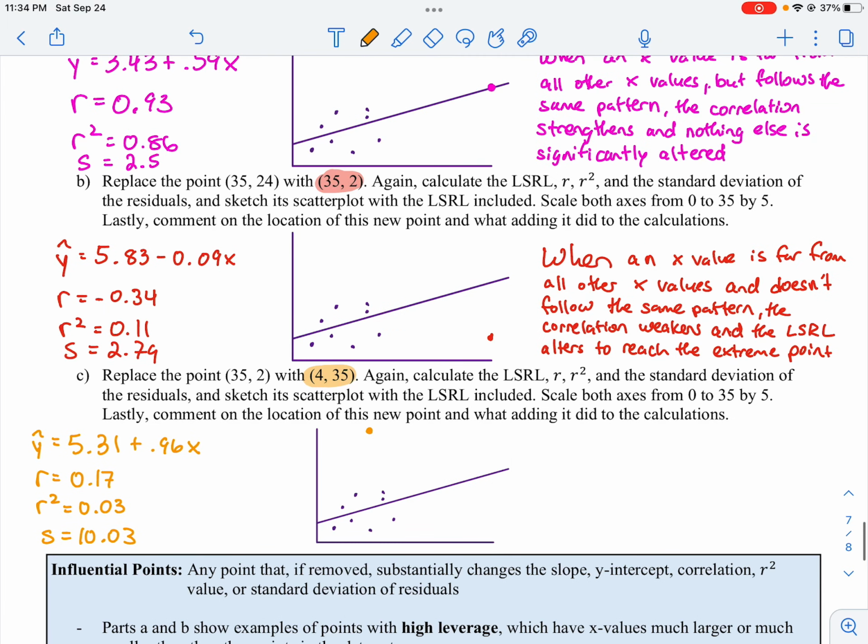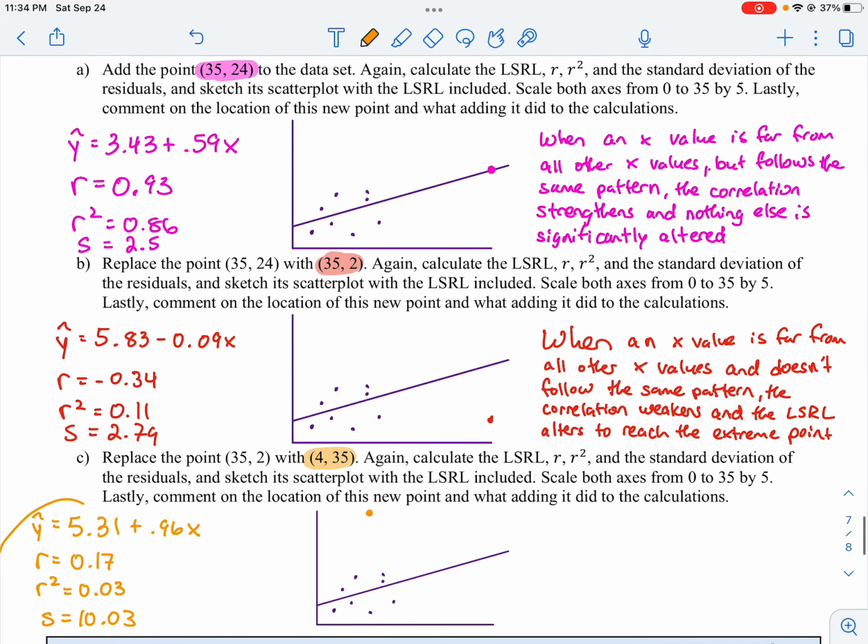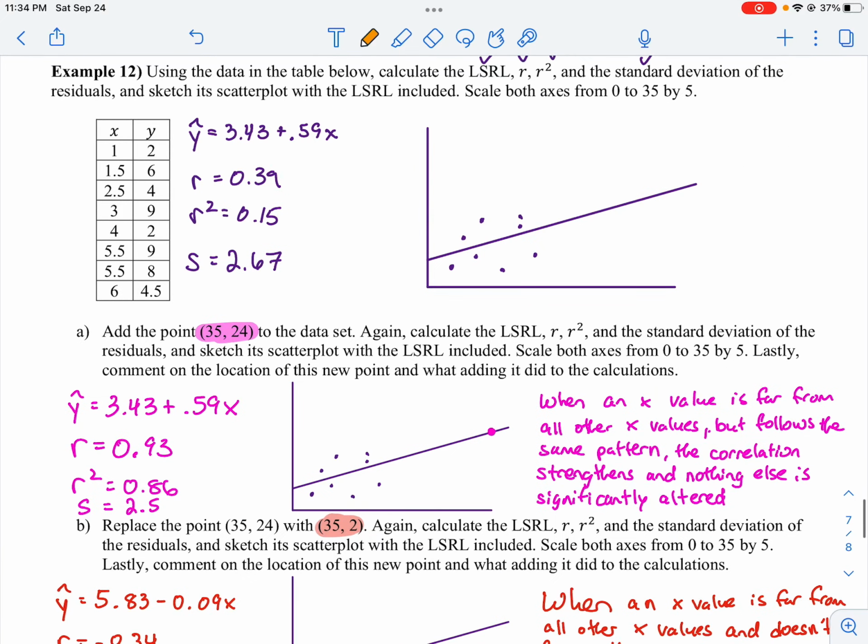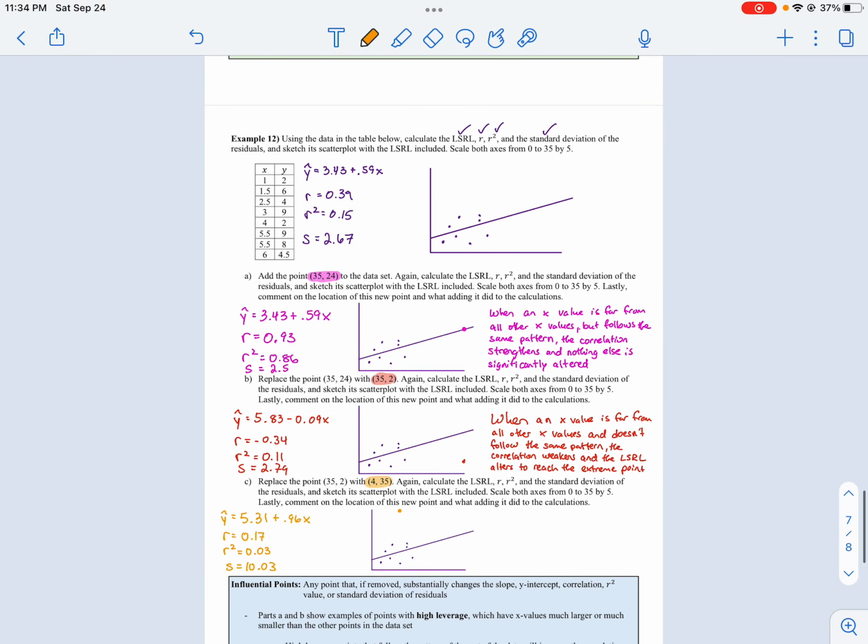So now, if I take this information and compare it with the original information, I see completely different equations of lines. I see a weak correlation remaining weak, but I see a significant difference in terms of error.